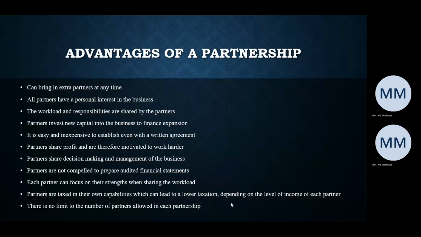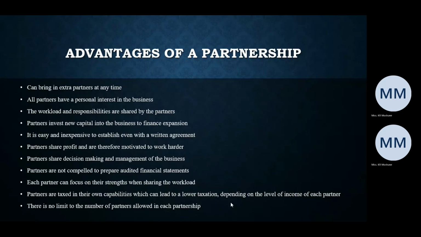It'll depend on whichever strength each partner has, and that's how they can share their work. There is no need to give another partner something that you know they're unable to do, because at the end of the day, that's going to create major problems for your company if things aren't done well. So you mainly focus on what each partner is capable of doing best, and that's how you share the workload.